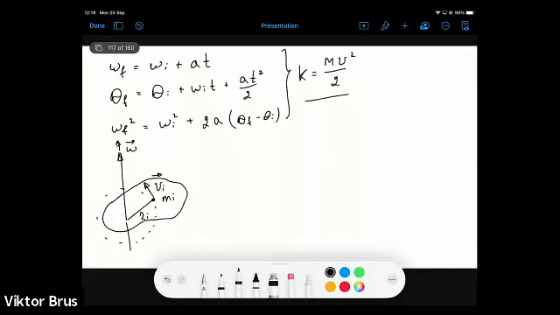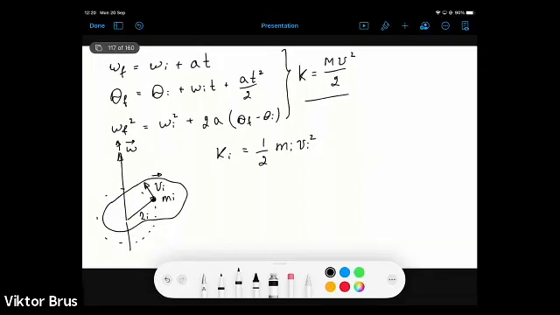So this particular point, like some small volume of this rigid body with mass Mi, in this case will possess a certain kinetic energy. So the kinetic energy of this small part of the body will be 1/2 times Mi times Vi squared. This is what we know from translational motion.